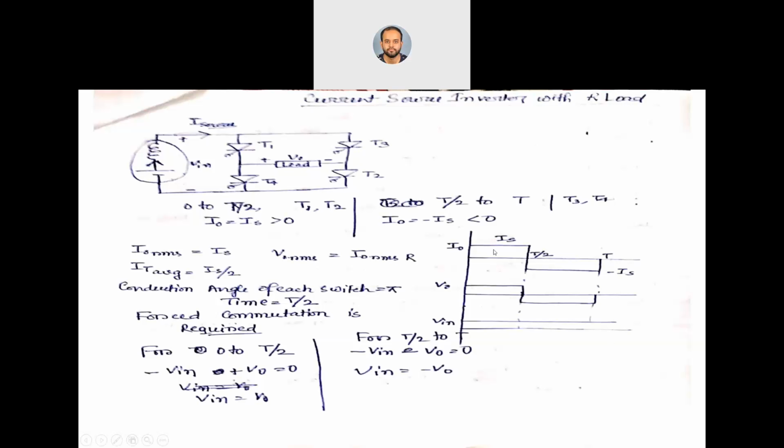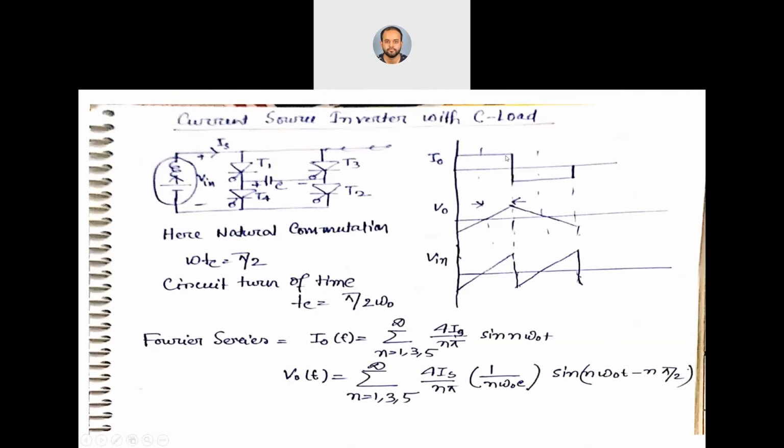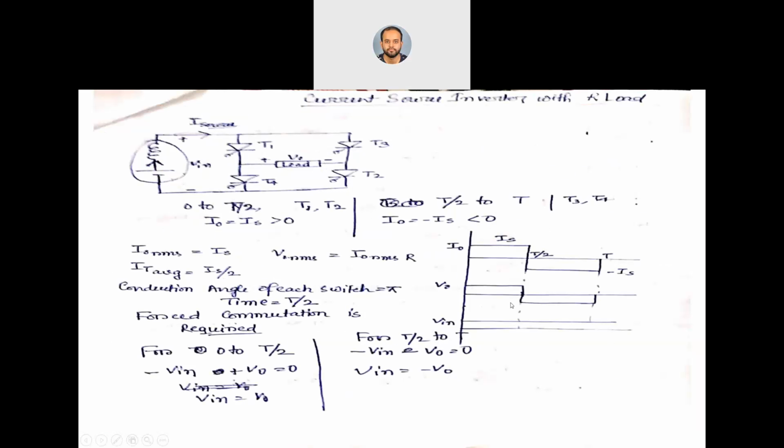As you can see, the current shape for the R load and the current shape for the C load is the same, whereas the voltage shape is changed.